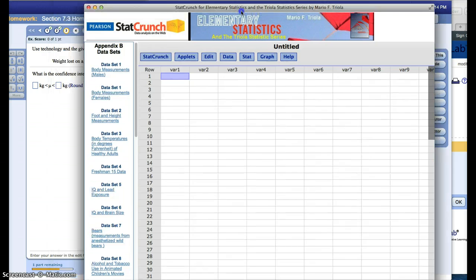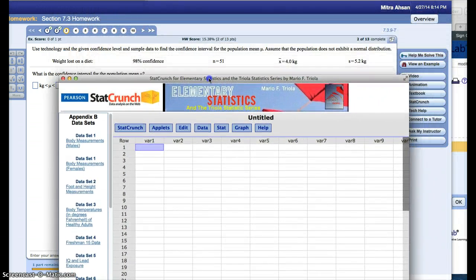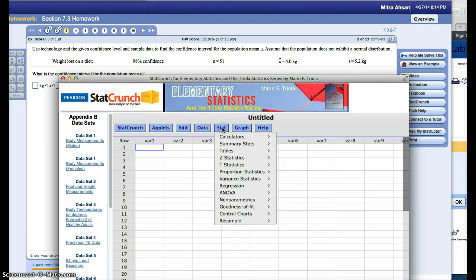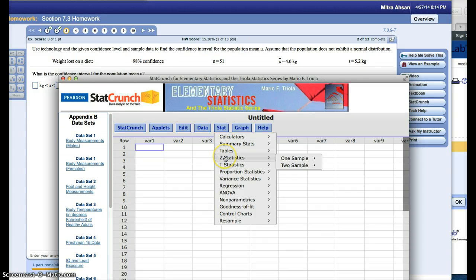Since we're trying to find the confidence interval for this problem, I need to go to stat, and I'm not going to go to calculator like I did for problem number 1 and 2. I have to choose z statistics or t statistics. These are for mean.